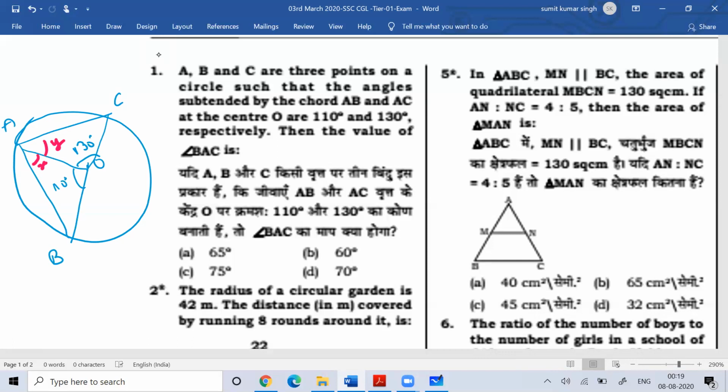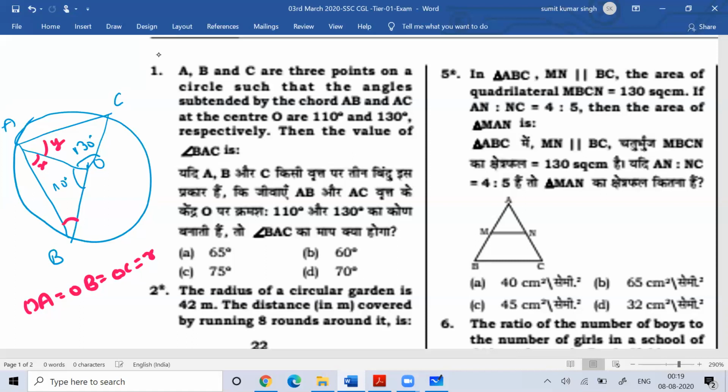OA, OB, OC are all radii of the circle, and all are equal. If they are equal, then this becomes an isosceles triangle.